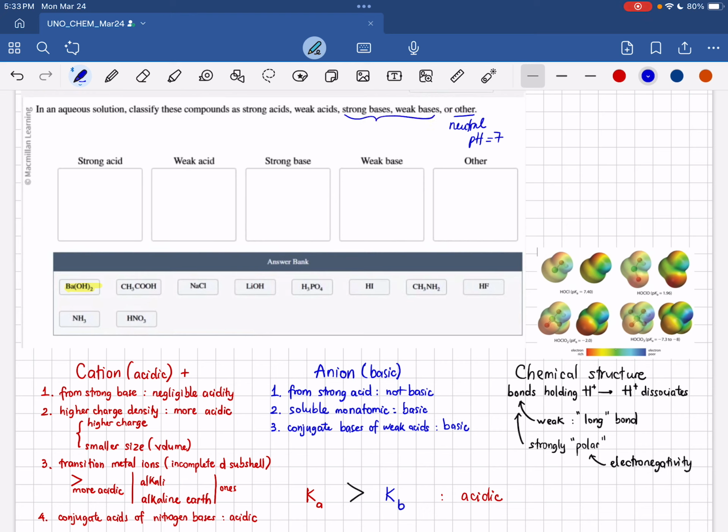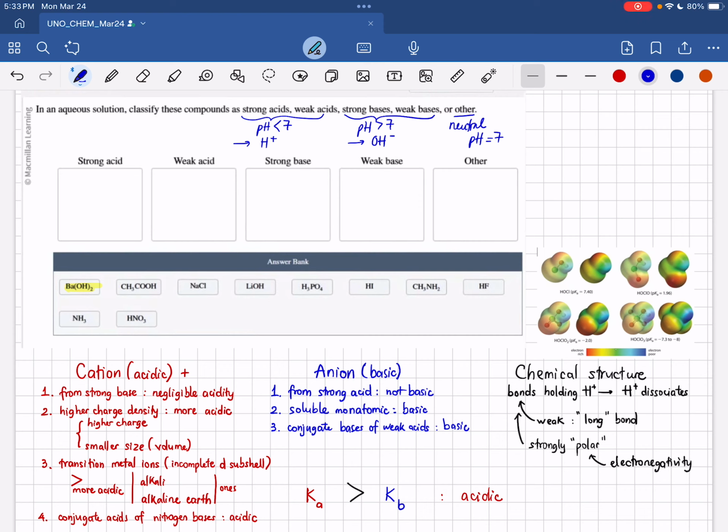If the solution has a pH greater than 7, it has released a lot of hydroxide group, OH⁻, so it should be a base. And if it has a pH less than 7, it means it's releasing a lot of proton, H+, so it should be an acid.